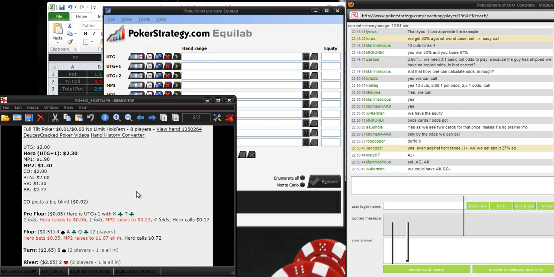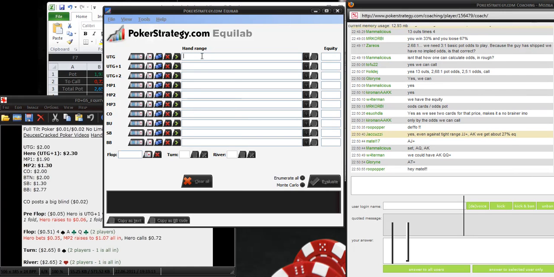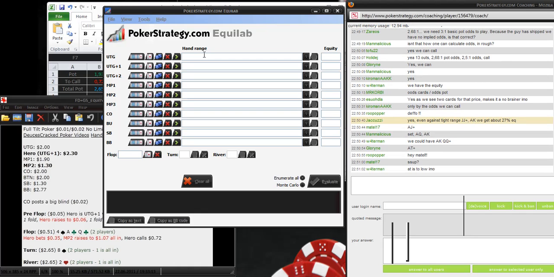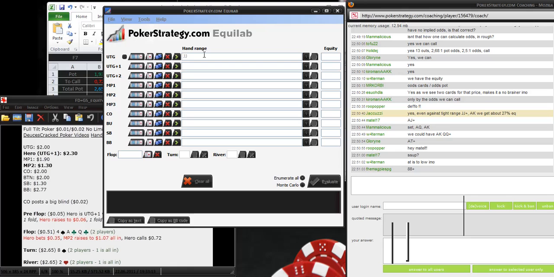Okay, let's start from just pocket pairs. Let's say he does have something like jacks, definitely jacks plus in his 3-bet range, and of course ace queen, maybe even ace king could be possible. Let's try this out.